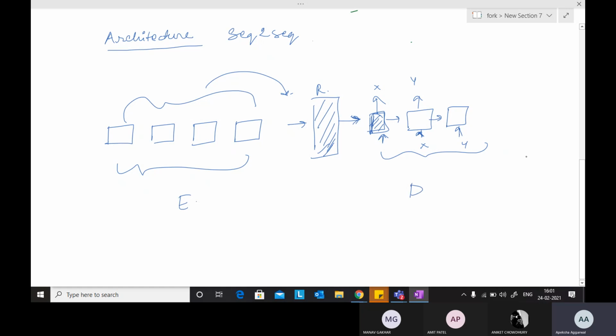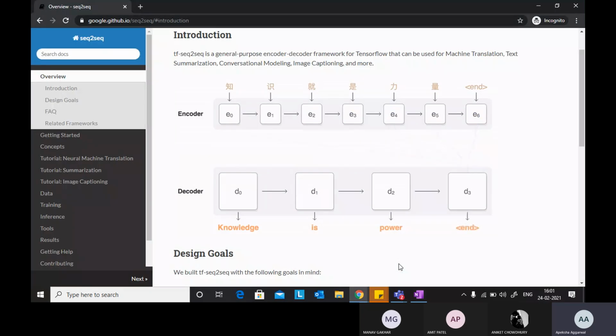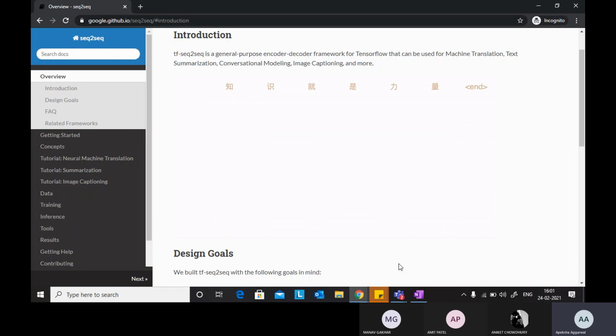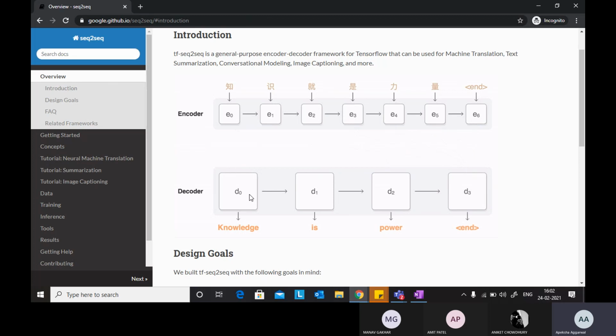So this is a simple sequence to sequence model, nothing too complicated. I have also seen the diagram for this, where they convert a set of words from one language and decode it to another language.